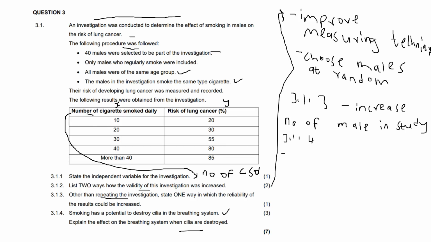Whenever you destroy the cilia, things like your dust and your germs can go into your lungs.